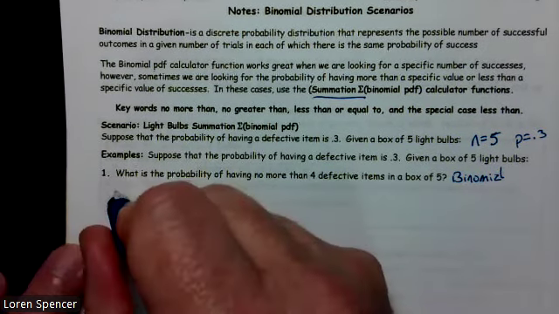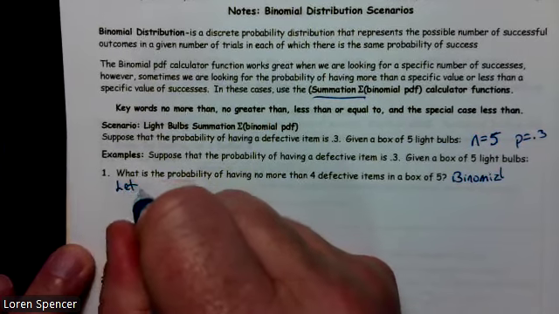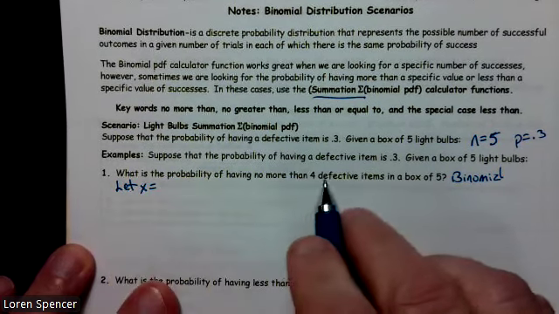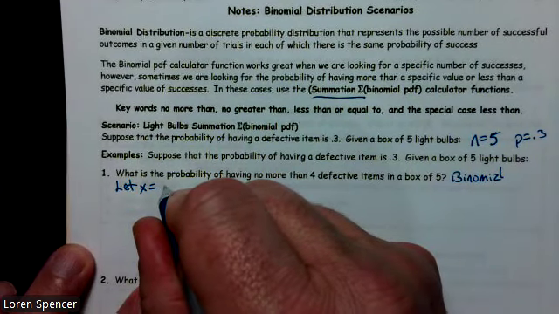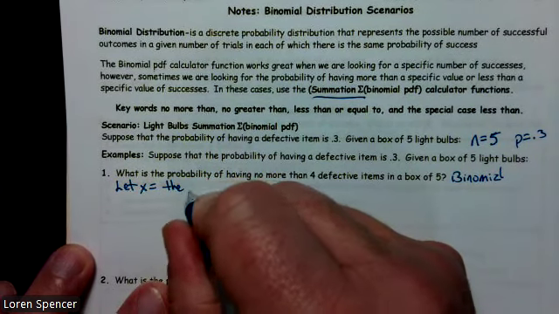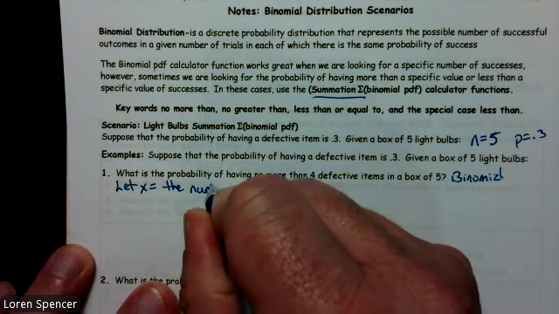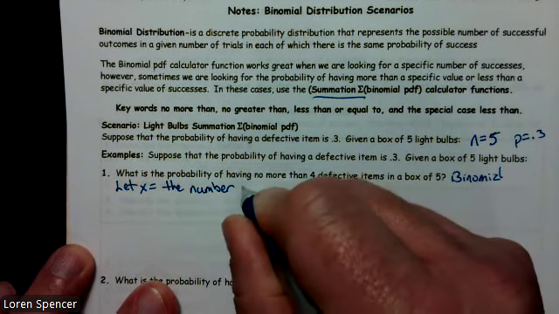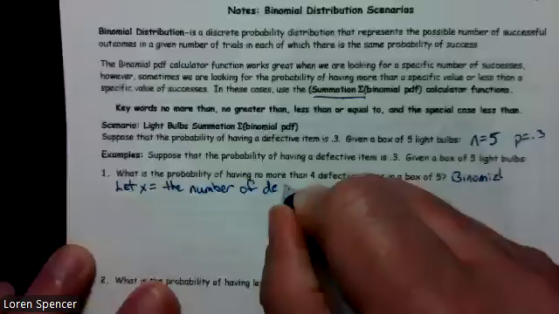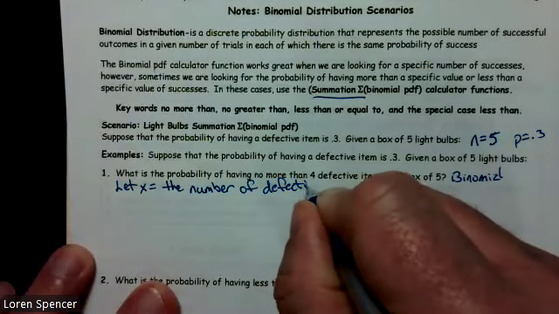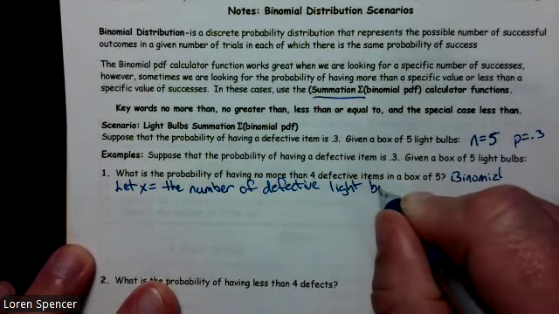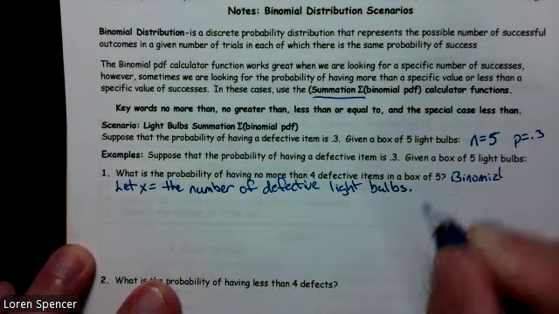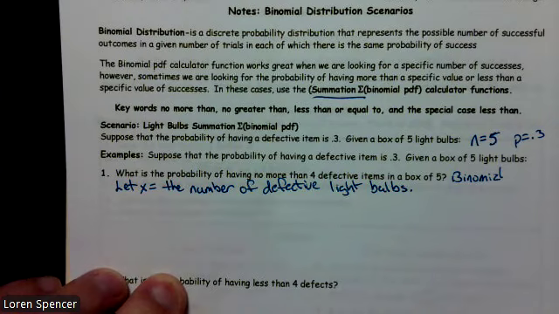And let X equal the number of defective light bulbs, since we care about defective light bulbs. Awesome. We labeled it out.